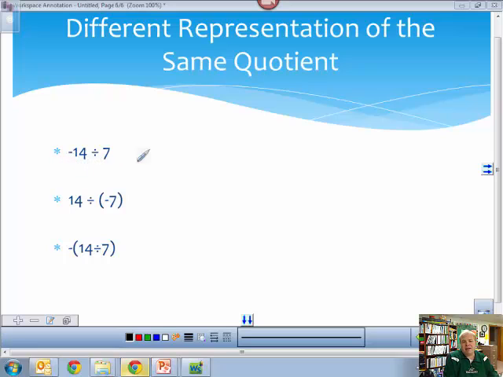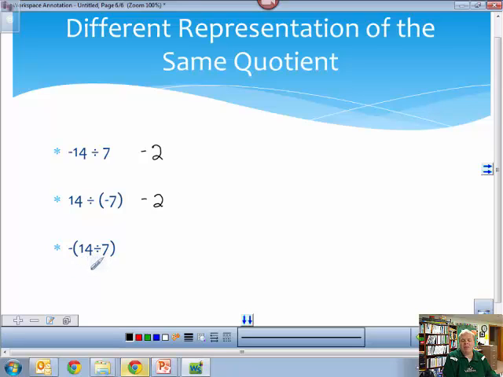Negative 14 divided by 7 is going to be a negative 2, because I have one negative sign here. Conversely, 14 divided by a negative 7 is still going to equal a negative 2. We've talked about these two settings, haven't we? Because I only have one negative sign, my answer is negative. Now here I have 7 inside my parentheses.